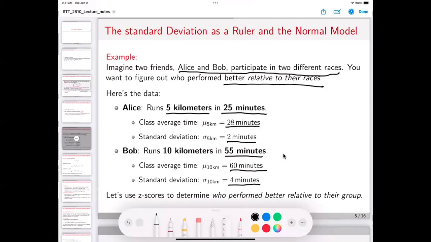Now, how can you answer who performed better relative to their races? Anybody has an idea? When you have this information, who do you think performed better? Look at the time they used to run, look at the average. What can you say?